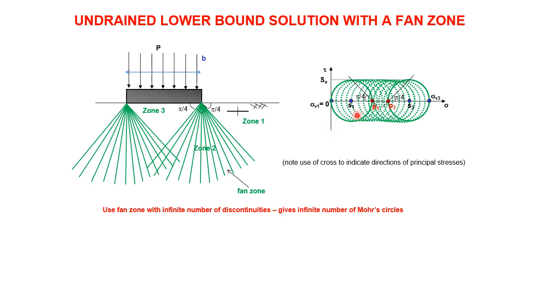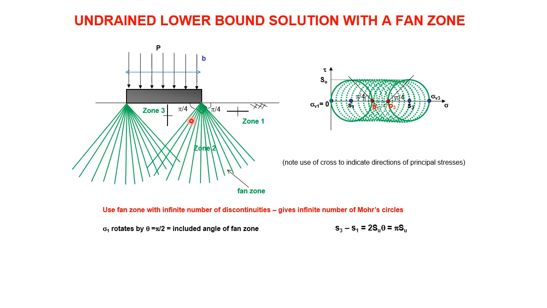Now, from the proof that we didn't go through in detail, we know that if the stresses rotate by 90 degrees, pi over 2, that is because the included angle of the fan zone is 90 degrees. So these stresses are rotating by the same angle as the included angle of the fan zone.